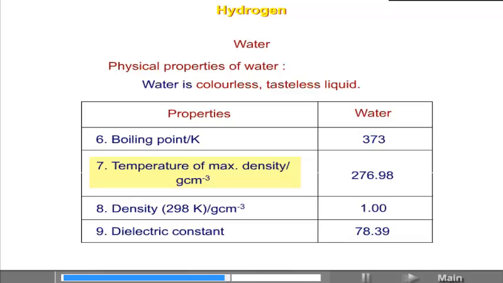Temperature of maximum density in grams per centimeter cube is 276.98. Density at 298 Kelvin in grams per centimeter cube is 1.00. Dielectric constant is 78.39.